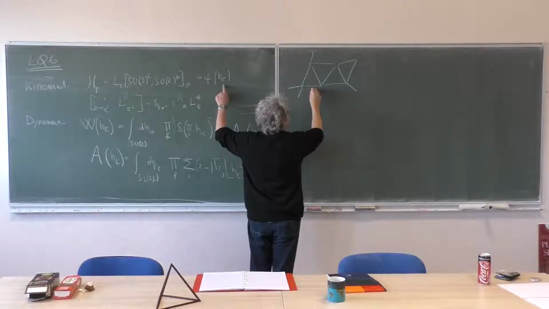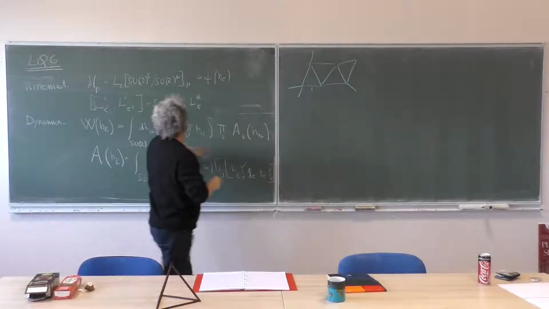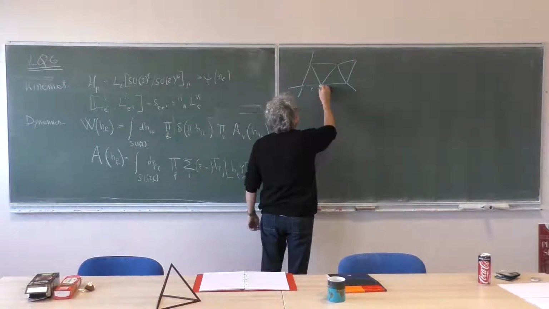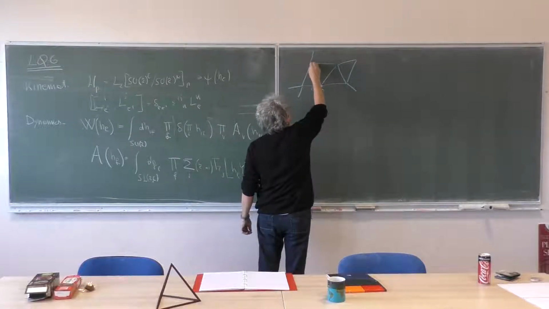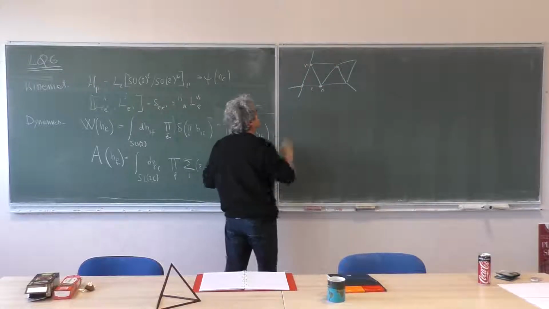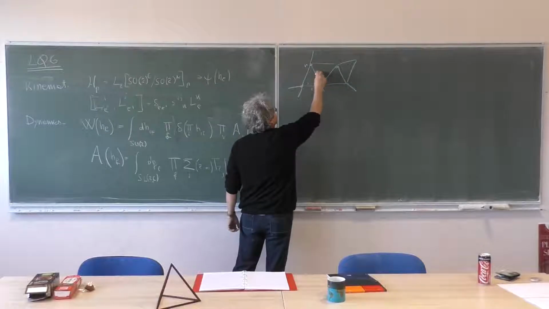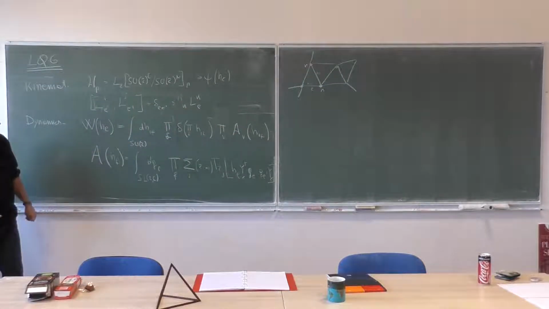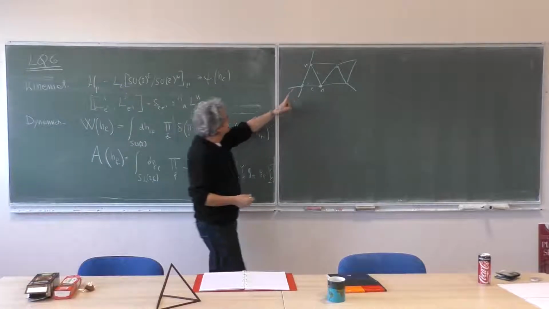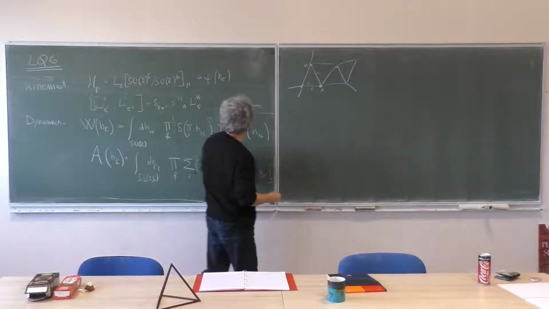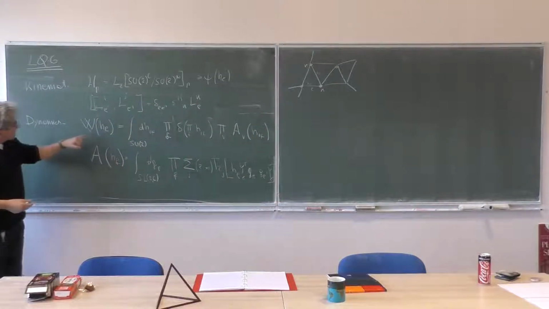This HL sits on the links of the graph, and the gauge transformation sits on the node of the graph. So these are the link and the node. So the group element sits here, and so on. And these HL are oriented, so they are associated to each one of these links.